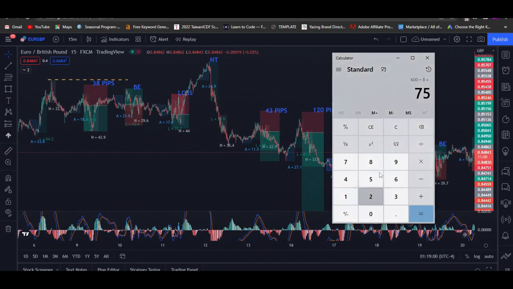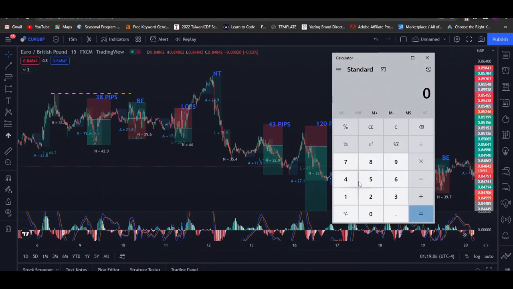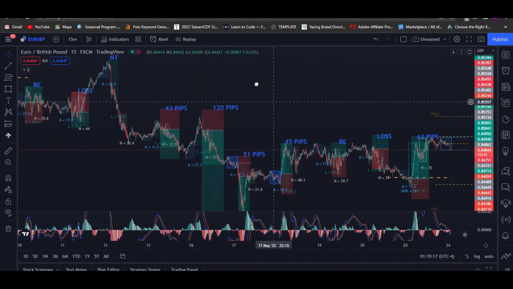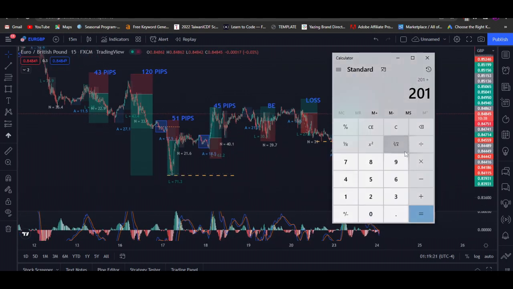So 75% win rate. So let's calculate how many pips that would have been. So we have 38 plus 43 plus 120 plus 51 plus 45 plus 62.